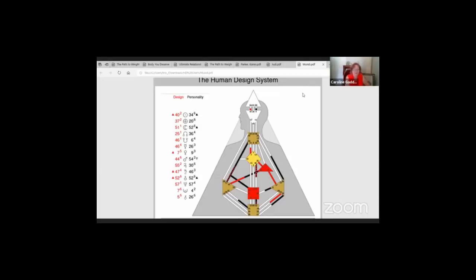So definitely having time away and time to be quiet is going to be important, because you do have a lot of motor energy that's going to keep you going. And with that open head, you can be going in a lot of different directions and experience a lot of disconnection as well.